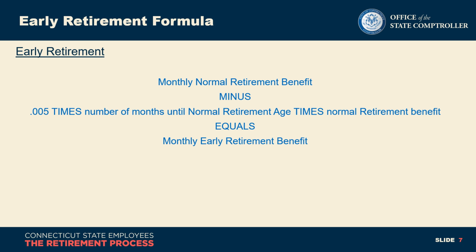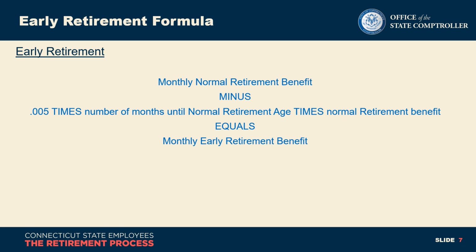That equates to 6% each year. We take 0.5%, multiply the number of months you retire early, times what your normal retirement monthly benefit amount would have been. We subtract that from the normal retirement monthly amount to come up with what your actual monthly benefit would be for retiring early. Again, all this math is done for you in our pension estimators both online and in Core CT.